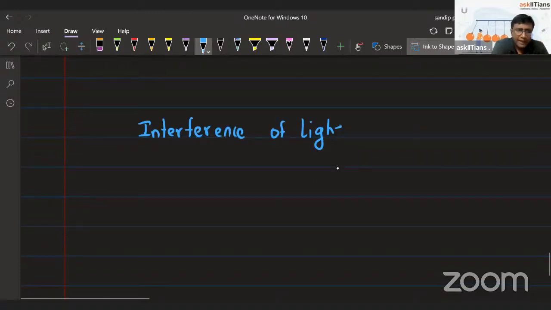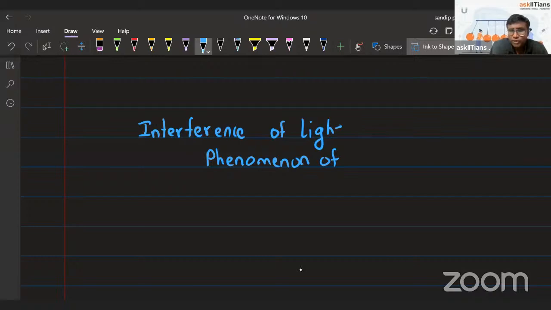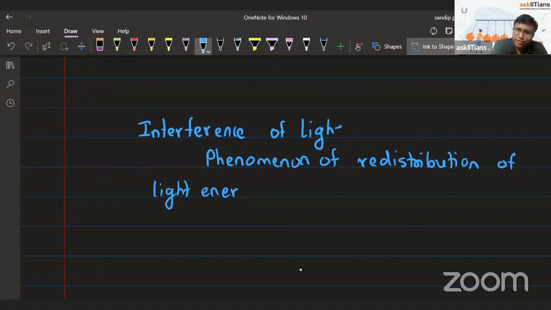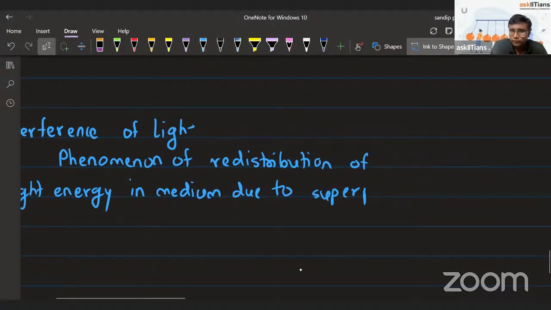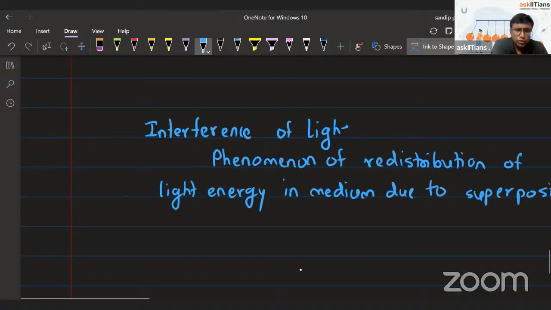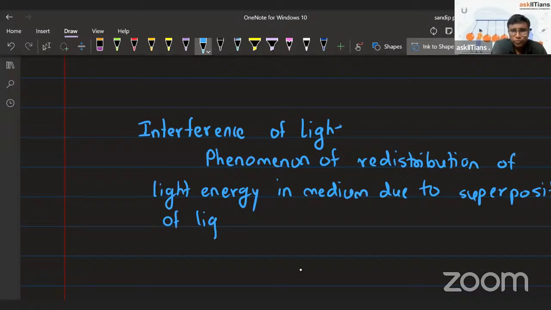So in the interference of light, we can say that it is the phenomenon of redistribution of light energy in the medium due to superposition of two light waves.